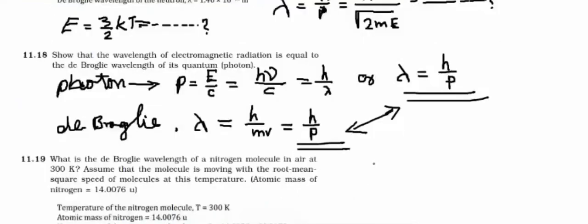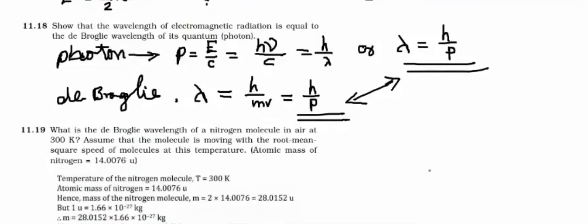Now next, question 90. What is the de Broglie wavelength of a nitrogen molecule in air at 300 K? Assume that the molecule is moving with the root mean square speed of molecules at this temperature. Atomic mass of nitrogen is given.